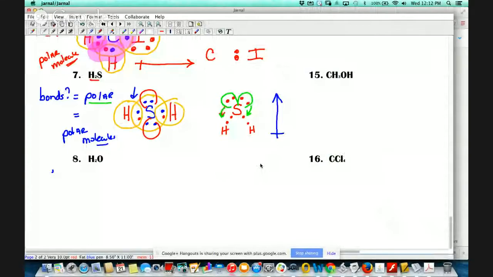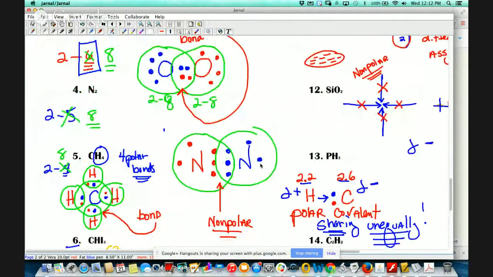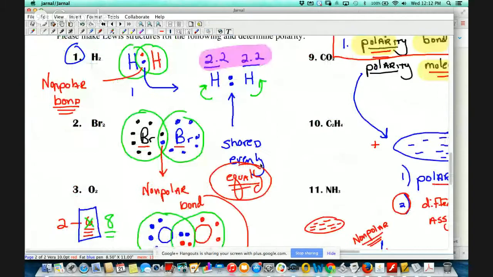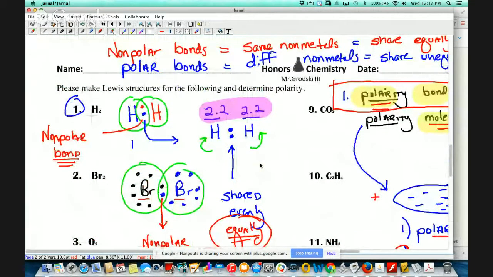Okay, so here I am back to where we were, and we left off yesterday with the idea that we have something called polar bonds and nonpolar bonds. Okay, and I want to make sure we're on the same page here. When we have 2 of the same nonmetals, they have the same electronegativity, so they share down the middle.